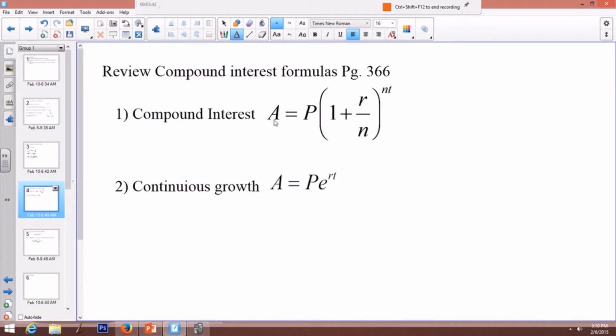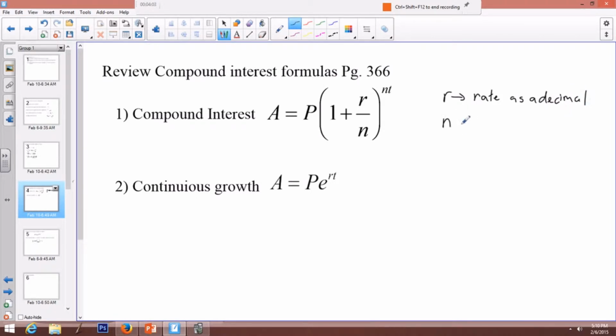The compound interest equation, A equals P times 1 plus r over n to the nt. R is going to be the rate as a decimal, and n is the number of compounds per time period.